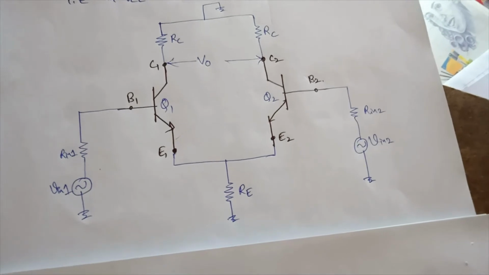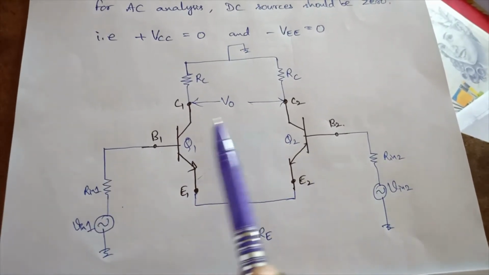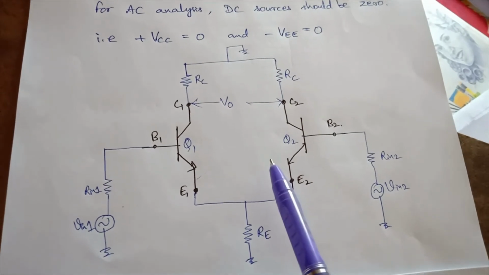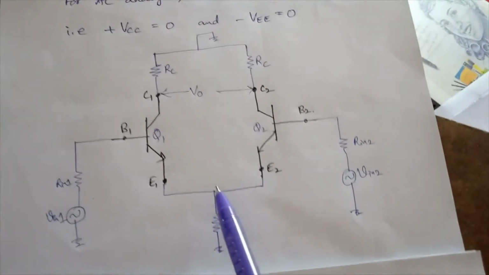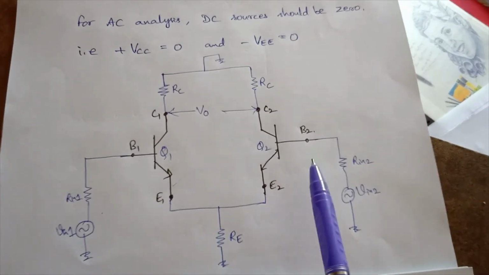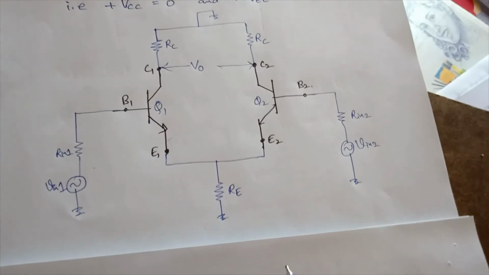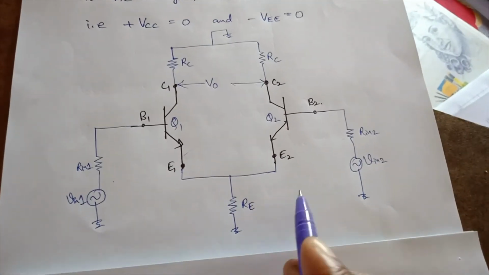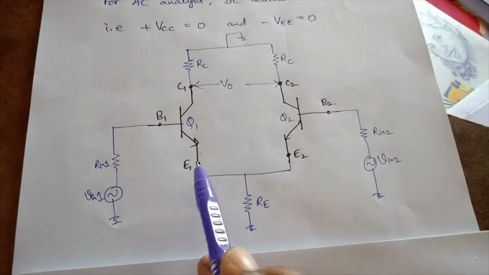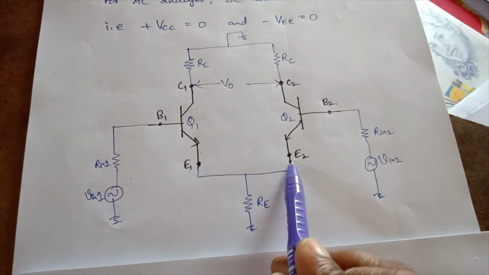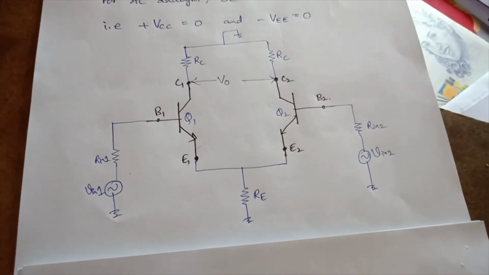Now we are getting the AC equivalent circuit of the AC analysis circuit for the dual input balanced output. Now we need to draw the AC equivalent, small signal equivalent circuit for the above diagram. The two emitter terminals are common, therefore I start with the emitter terminals.